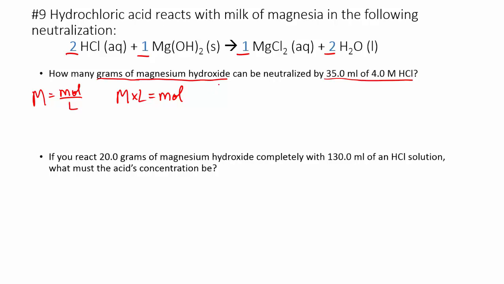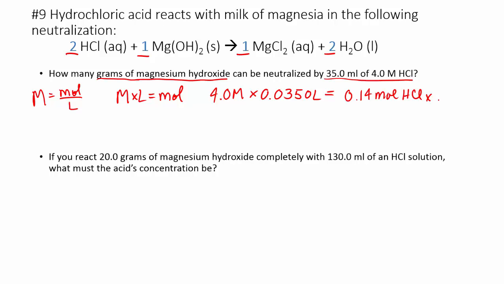In this problem, our molarity is 4.0 molar. Our volume in liters is 0.0350 liters. So if you multiply it together, we have 0.14 moles of HCl, and that's going to be 2 sig figs there.